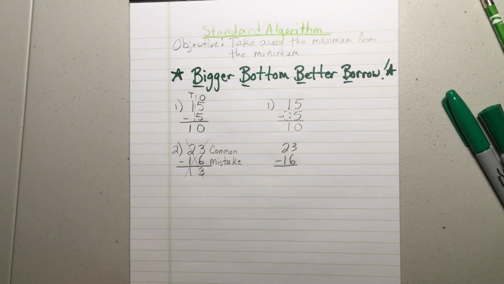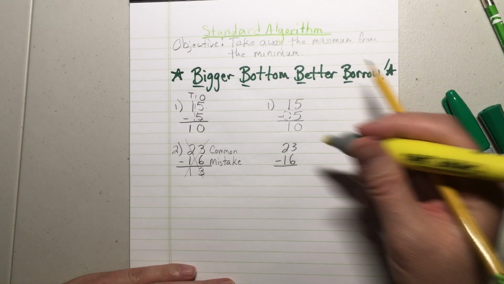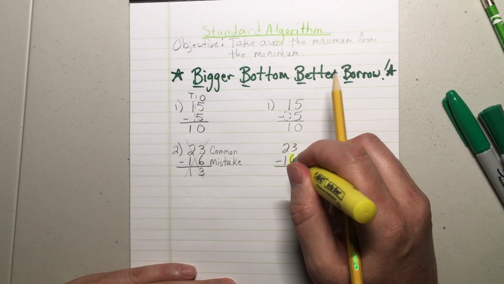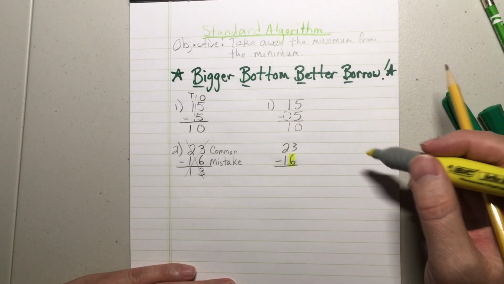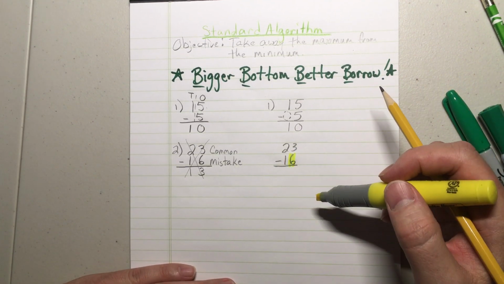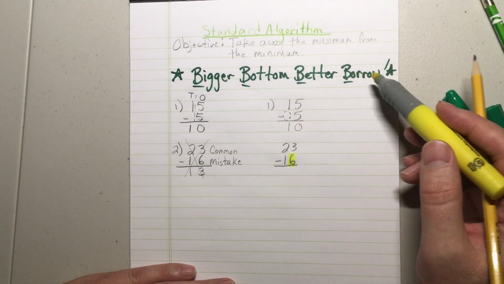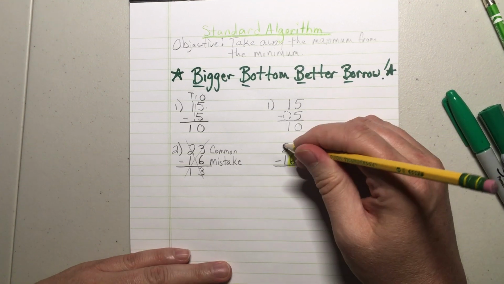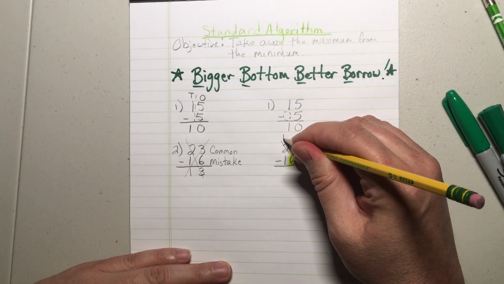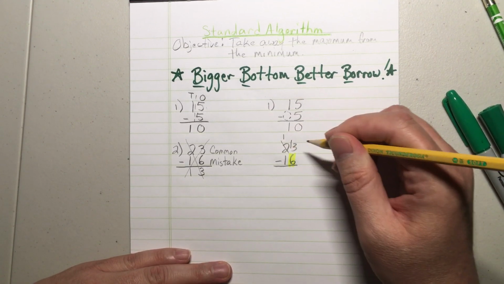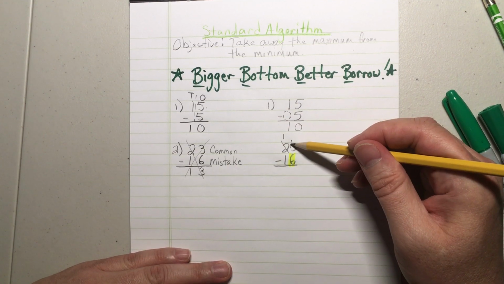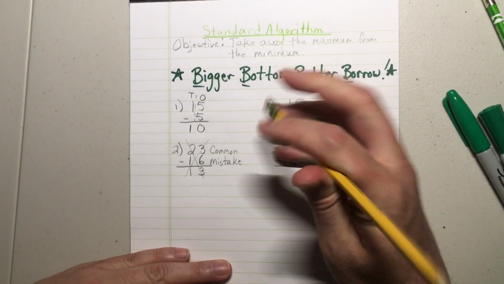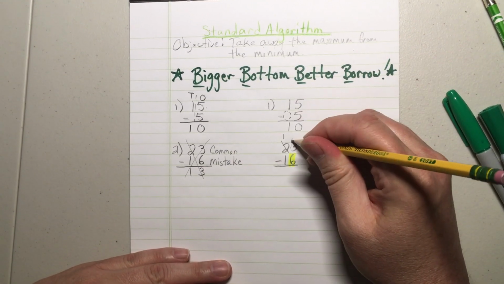Okay. In this case, we have a bigger bottom. So I suggest you do a couple things when the kid is learning. Maybe highlight the 6 so it really stands out. Realize that they're borrowing over here. Drop this number down a little bit. Sometimes if it's just hanging out here, it's confusing to a kid.